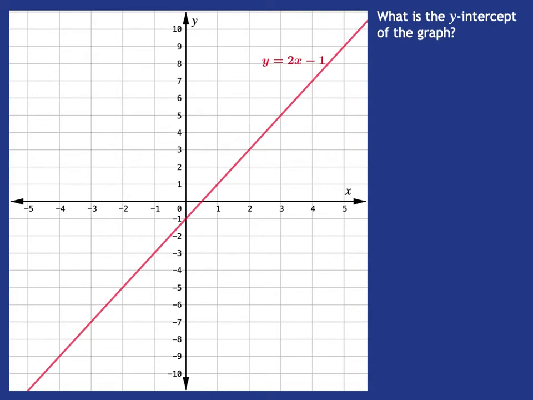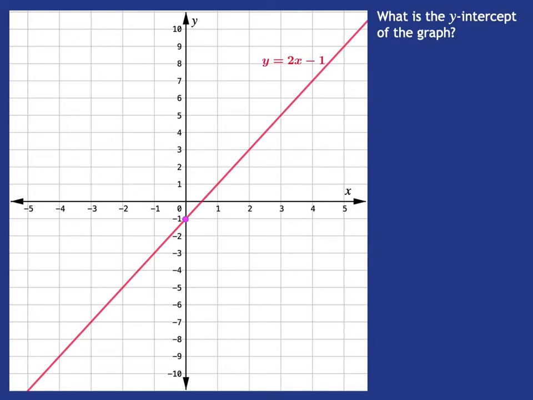Well, the y-intercept, remember, is the point where the graph crosses the y-axis. So look at that y-axis and can you see where the graph is crossing the y-axis? Over there. And straight away we can read off from the graph that the y value is negative 1.